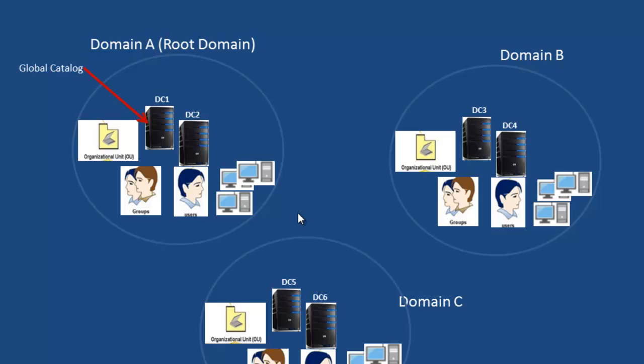Well, it's the same way with the global catalog server. It maintains a partial set of attribute information for the objects, whether it be a computer object, a user object, a group object, whatever is created throughout the forest in any of the domains.